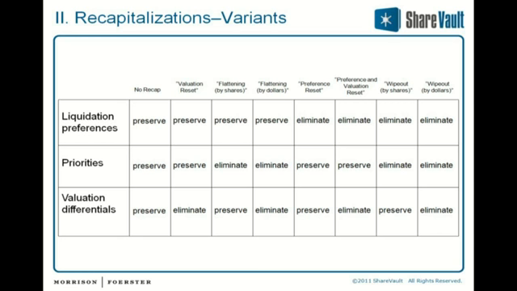That's just a garden variety D round on top of the A, B, and C. On the far right-hand side, you've got a wipeout, where you eliminate liquidation preferences, priorities, and valuation differentials. And in between those two, you've got every combination. We're not going to go through every one of those in our limited time this morning, but I do want to show you a couple of examples of recaps.